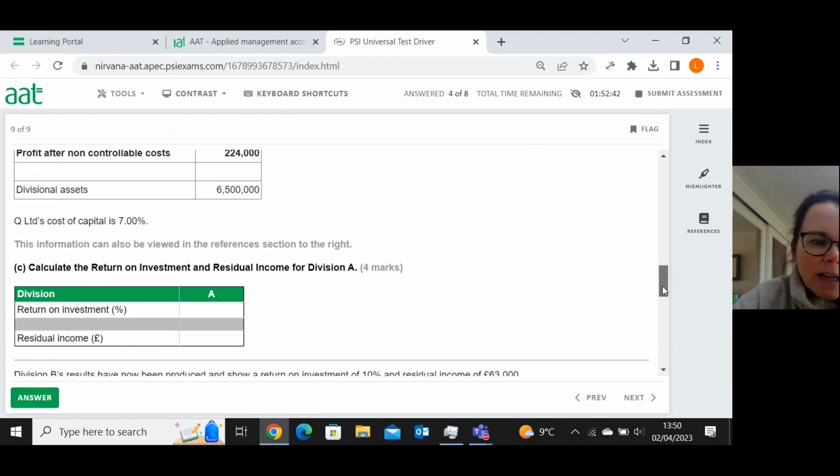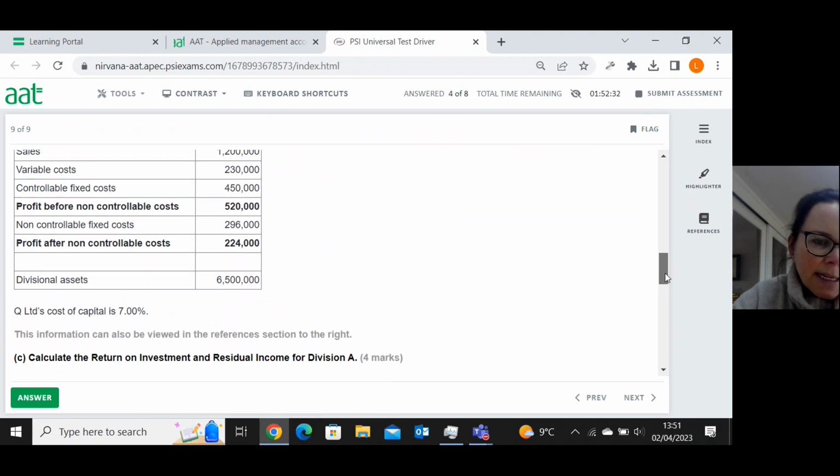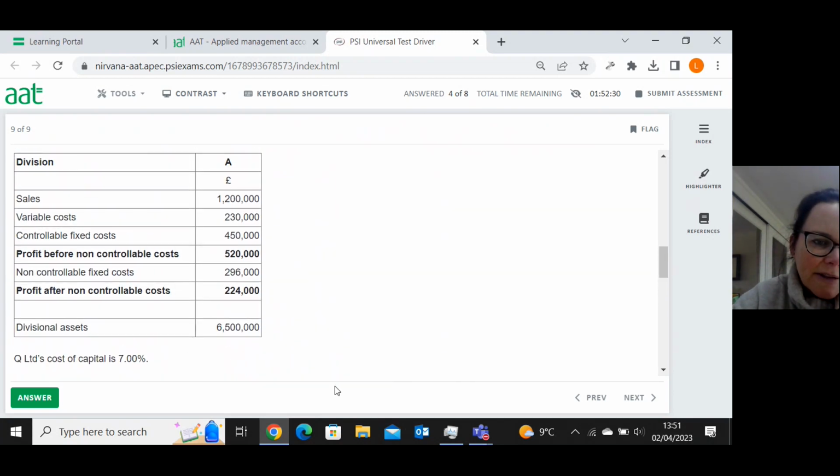So we've got to calculate the return on investment and the residual income for Division A. Return on investment is how much profit is being generated from the investment. The question is, do we use the profit before the non-controllable costs or the profit after? Well, if these are outside of their control, they're just being dumped on the division, so I don't think we can include them in a performance measure.